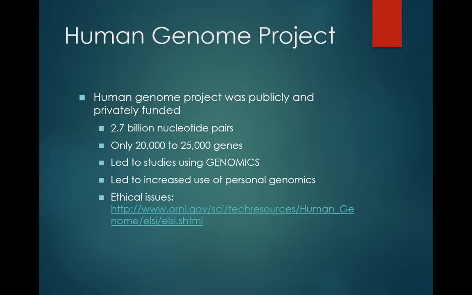If your genes are passed down to your children, knowing your own genomics may cause problems for your children. So there are lots of ethical issues that we'll talk about here. But the Human Genome Project really was a good thing in terms of moving us forward to understand how our genes and our proteins are related to one another and how the genome encodes the proteins that it does.